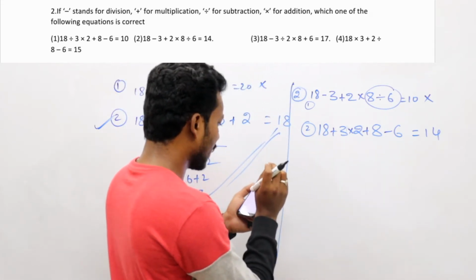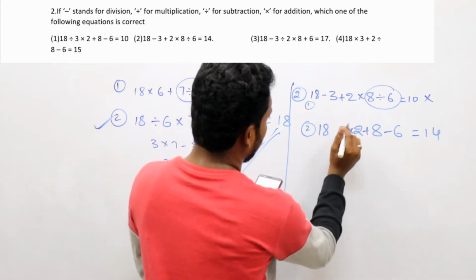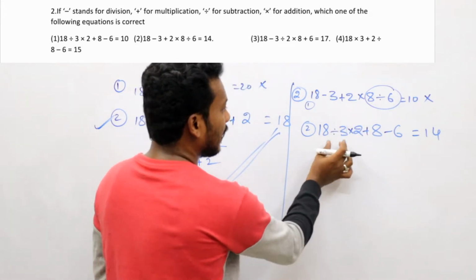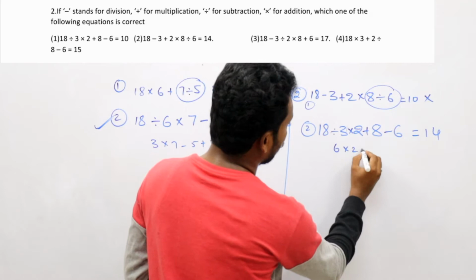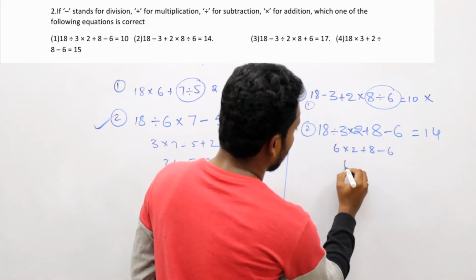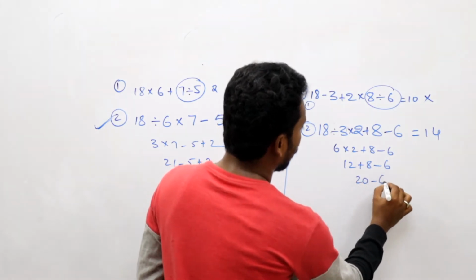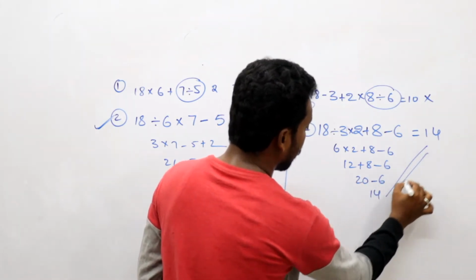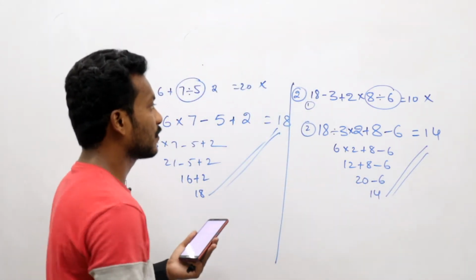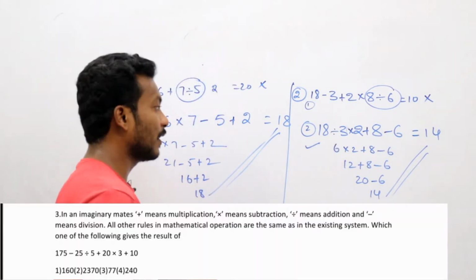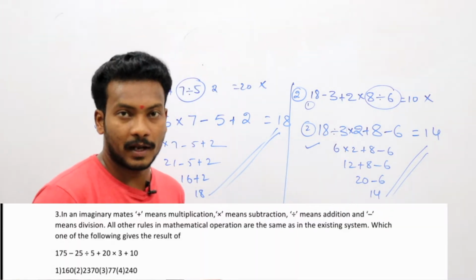Sorry, first, minus stands for division here. So 18 divided by 3, 6 into 2 plus 8 minus 6, that is 12 plus 8 minus 6. 12 plus 8 is 20, 20 minus 6 is 14. We already got the answer. The second option is our required answer. Okay, right?